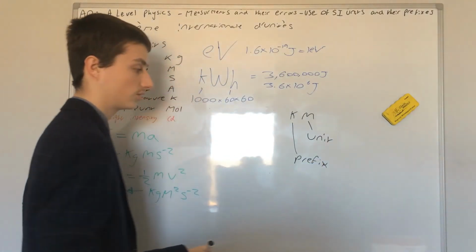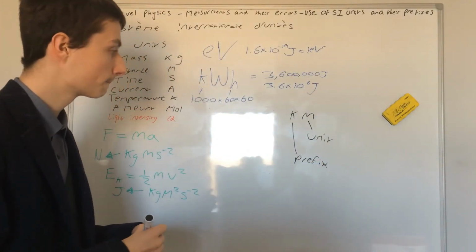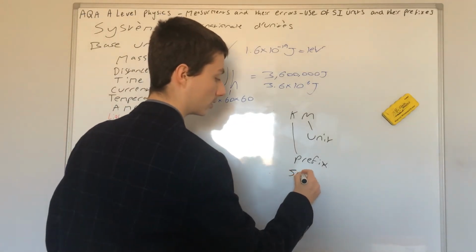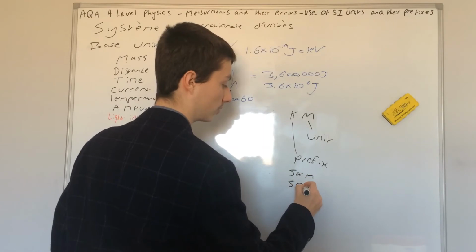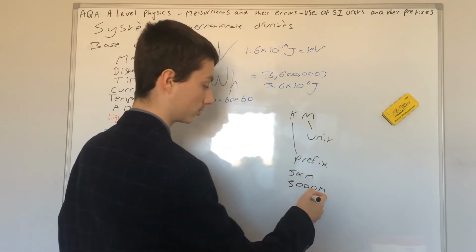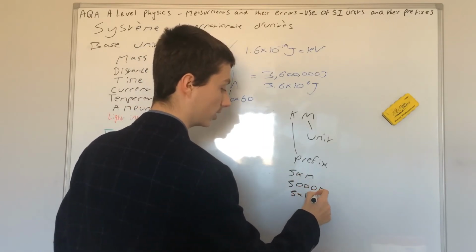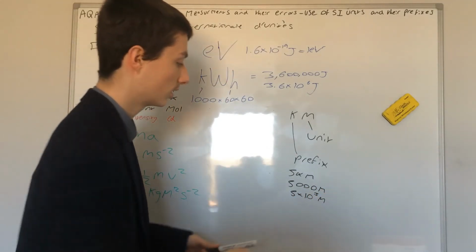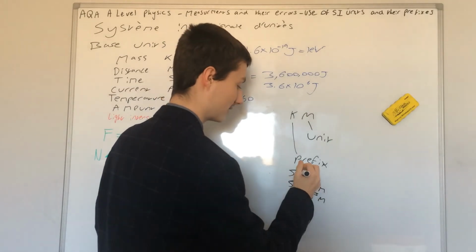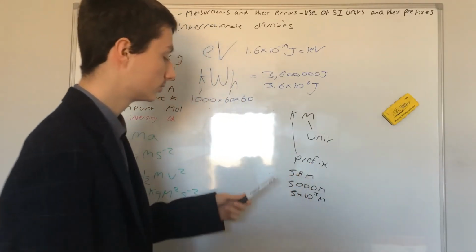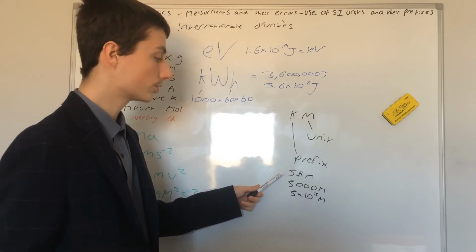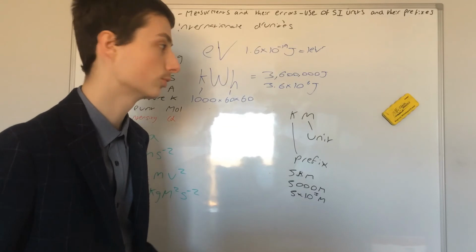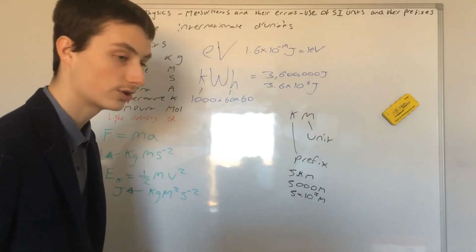It means times by 1,000, so 5 kilometres is the same as 5,000 metres, because 5 times 1,000, or 5 times 10 to the 3 metres. As you can see, this one is much simpler to write, much easier, much less prone to errors, and that's why we use prefixes.